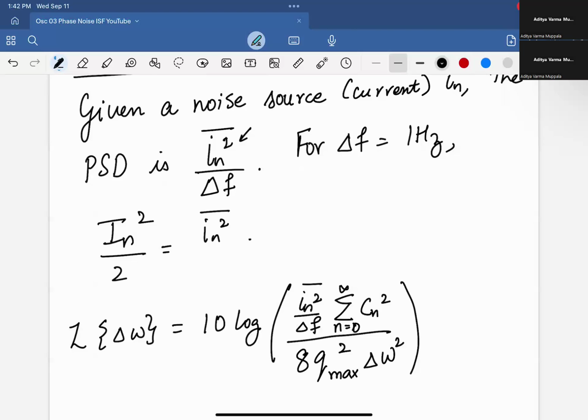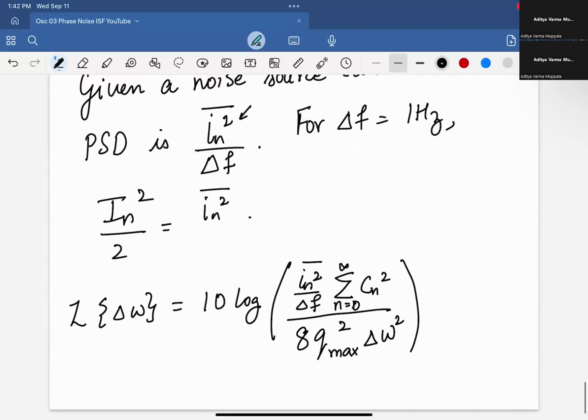Where did the summation come from? The summation comes from the fact that all of those terms were getting modulated down, if you remember.